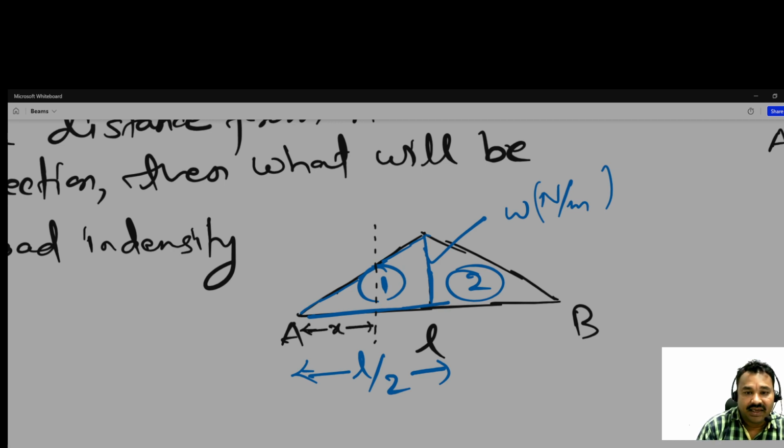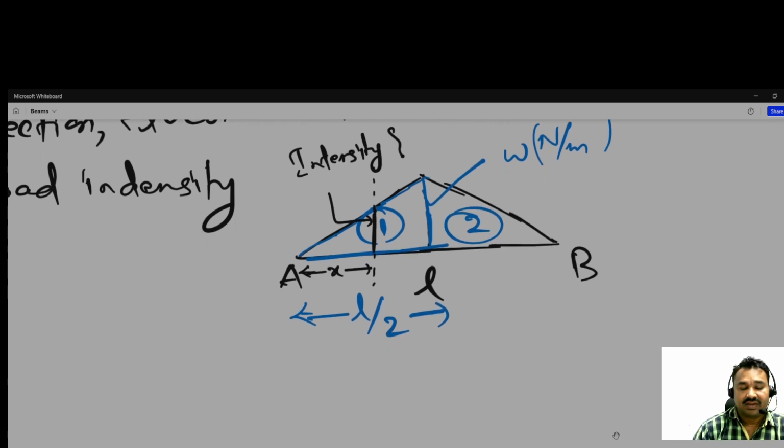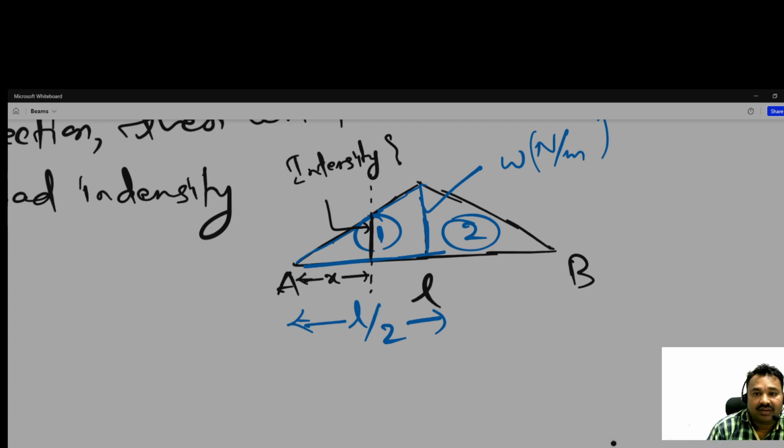What about the intensity here? Easily we can get it. At L by 2 it is W Newton per meter. So what about at x distance?